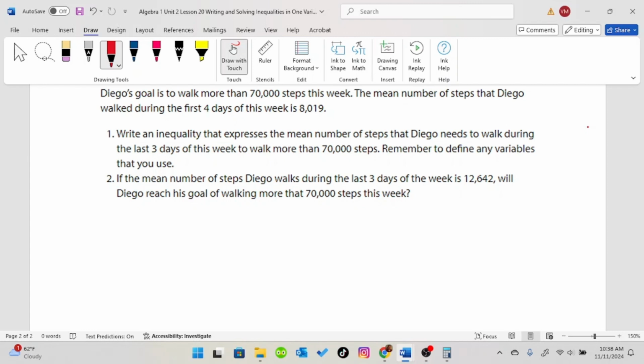Write an inequality that expresses the mean number of steps that Diego needs to walk during the last 3 days of this week to walk more than 7,000 steps. Remember to define any variables that you use. So, we need to walk more than 70,000 steps this week.